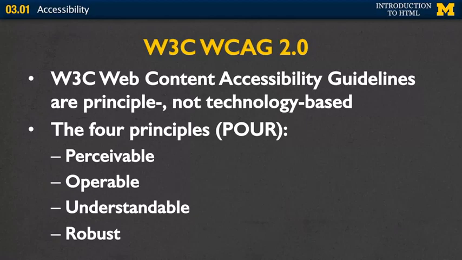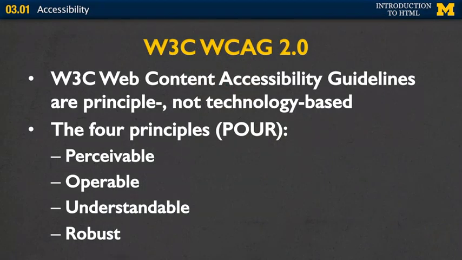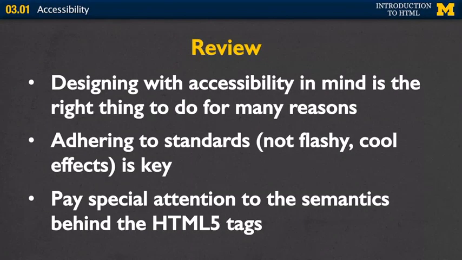And these guidelines are principle, not technology-based. What this means is that you don't need to go out and find the greatest language or the greatest technology to make your page accessible. Instead, you really just need to follow 4 principles as you design your sites. Is my site perceivable? Is it operable? Is it understandable? And is it robust? We'll be talking about these 4 principles throughout our entire course.